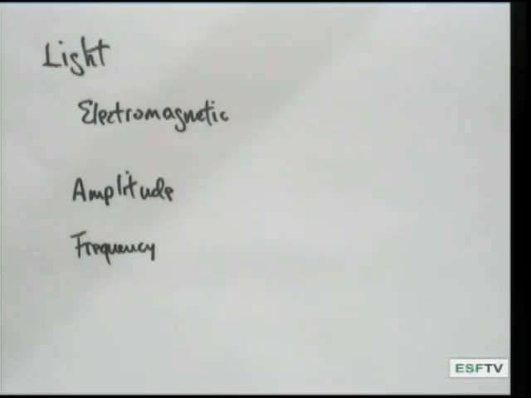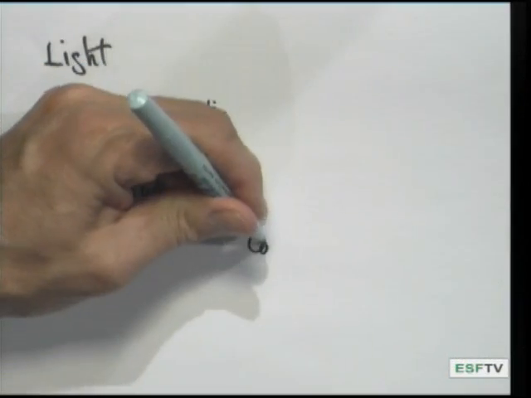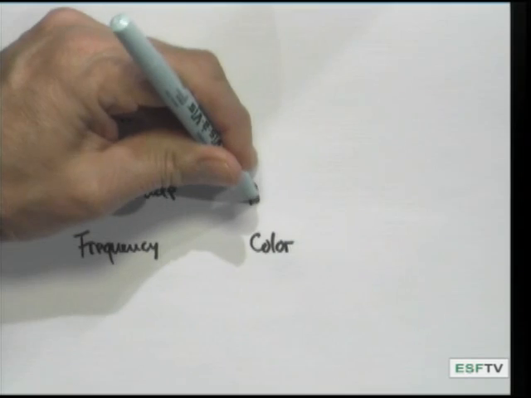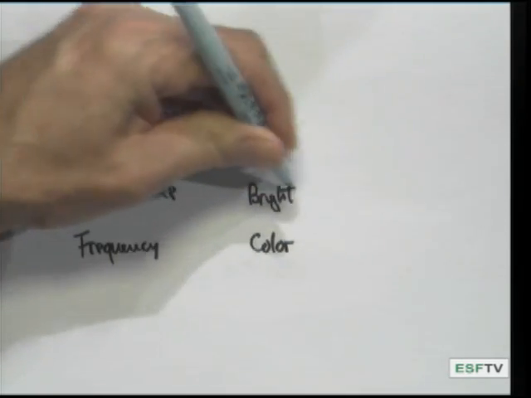And we interpret those two channels of information in somewhat different ways. If we look at frequency, we perceive that as color. That's part of the so-called visible spectrum of light. And we interpret amplitude, of course, as brightness.